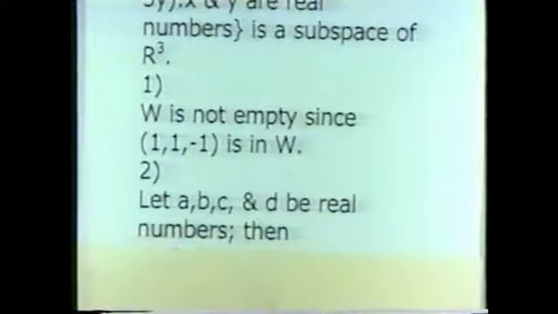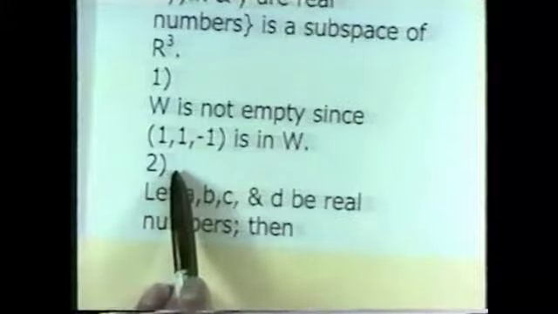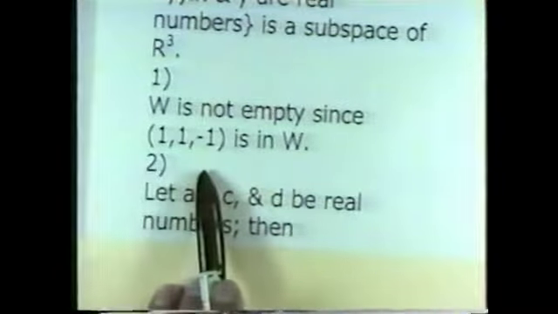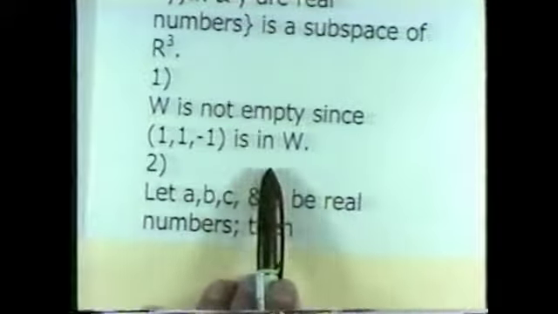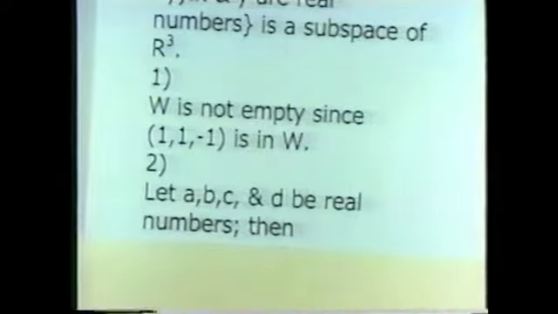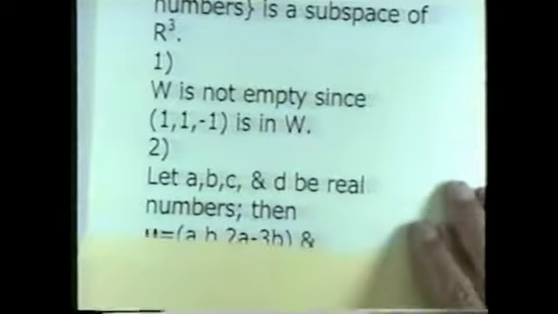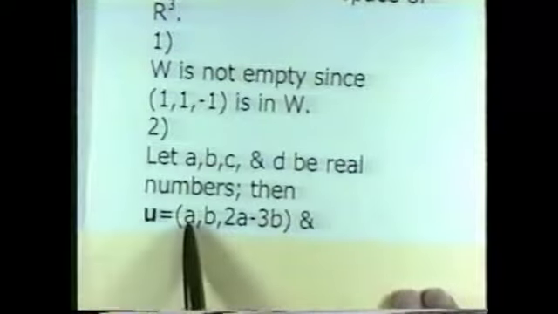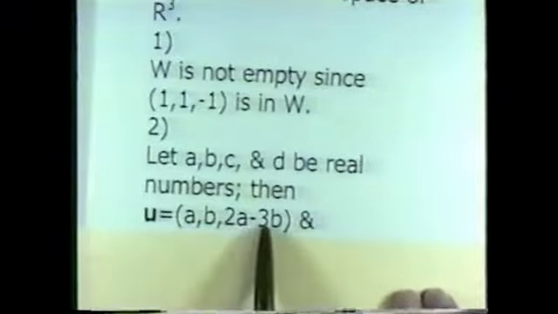Now we've got to show that W is closed with respect to vector addition. So if I pick 2 vectors in W, I've got to show that my answer would be in W. Let a, b, c, and d be real numbers. Then we'll let u be (a, b, 2a minus 3b).